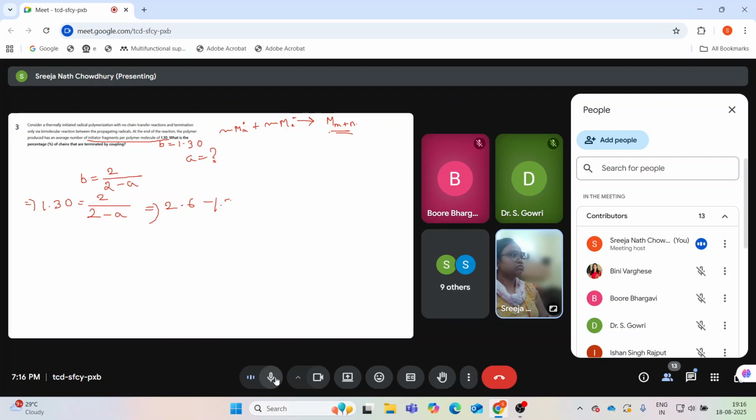So this will become, let me calculate, 8 into 10 to the power minus 8. Now we have the Kt value. Now let's quickly calculate m dot.